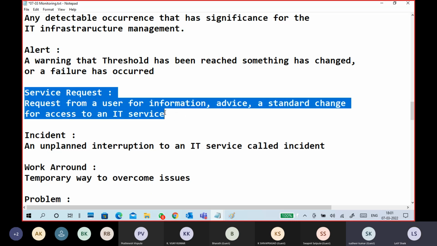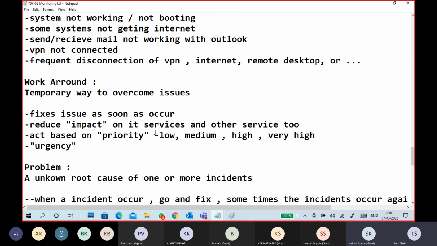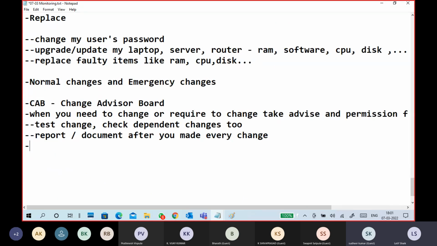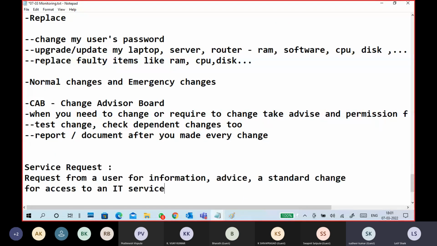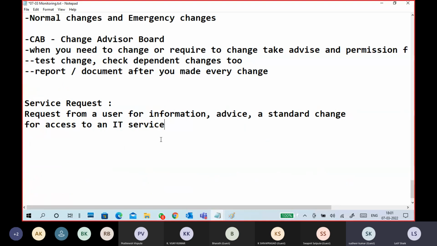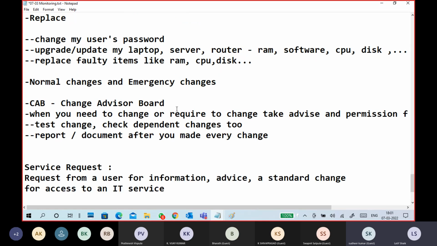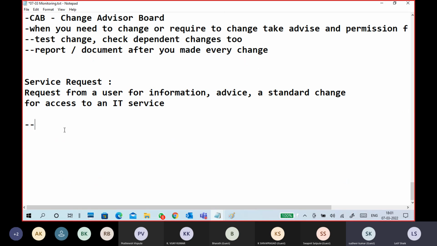The last one in this pro is only service request. But up to now, I told some other story, right? So that is complete stories only. Last is service request. Service request is like what I already told in change management, small additions, guys. For example, you want to change your password.